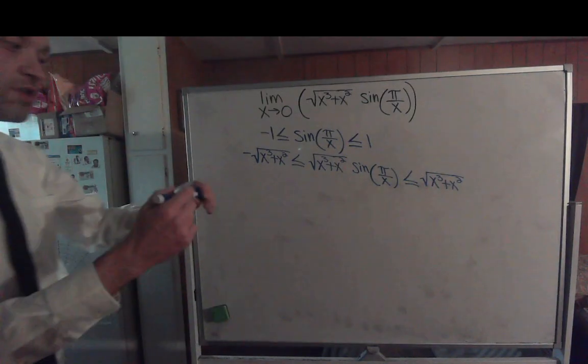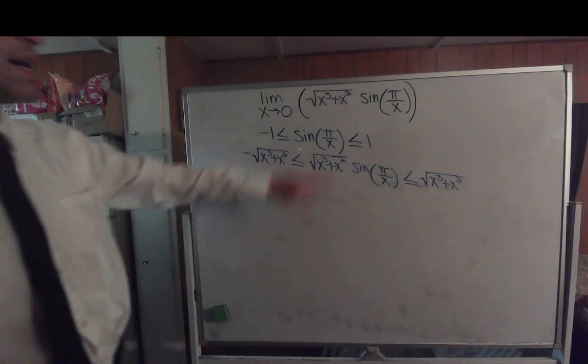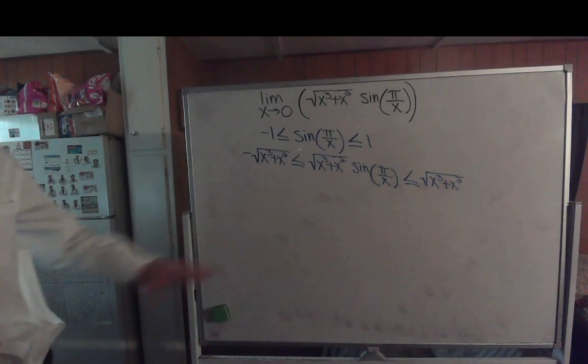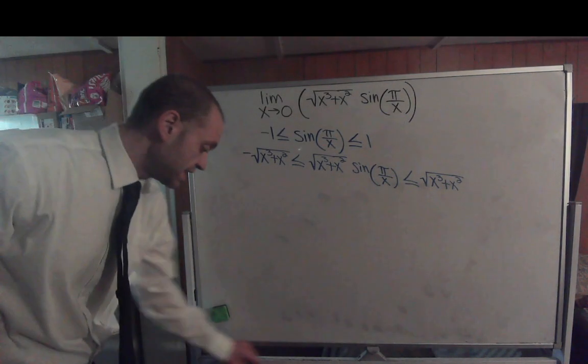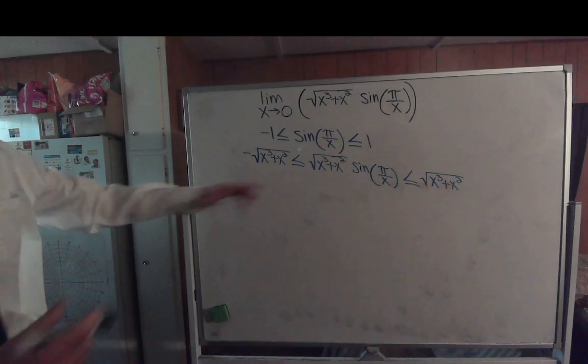So now we have all three pieces here that we've multiplied by the square root of x cubed plus x squared. At this time, we can proceed to take the limit of each of these pieces.